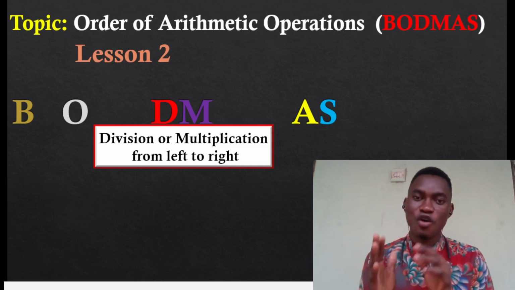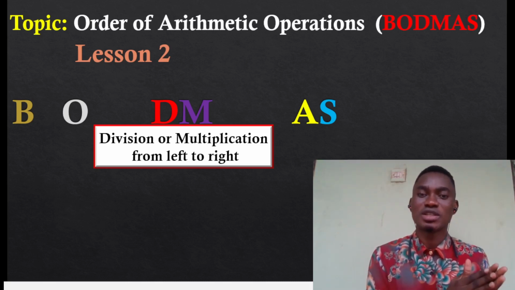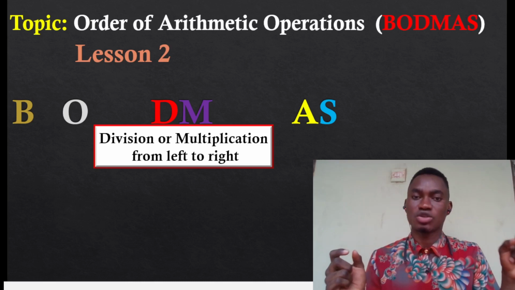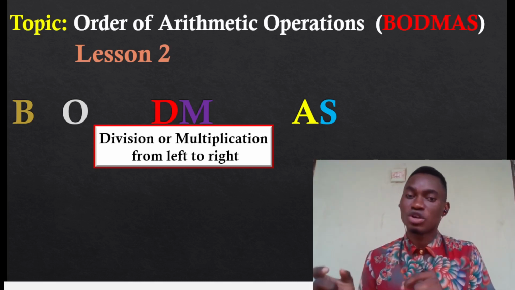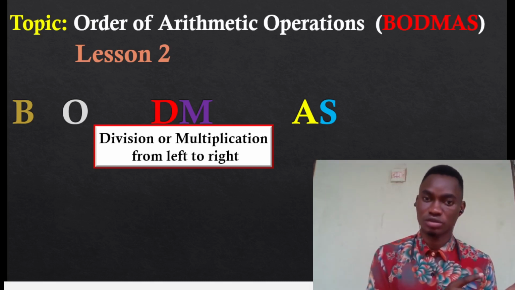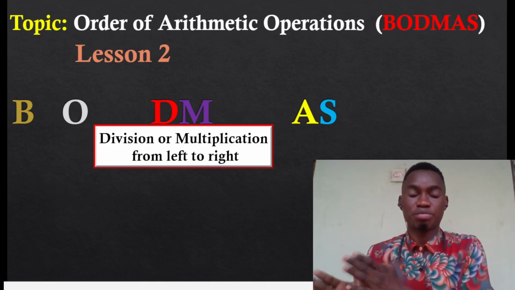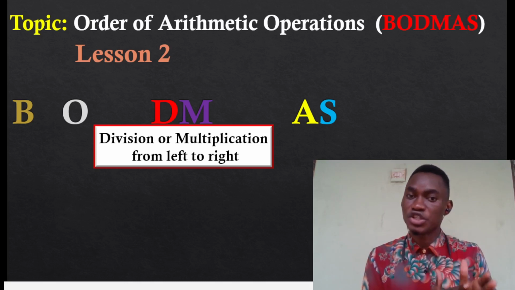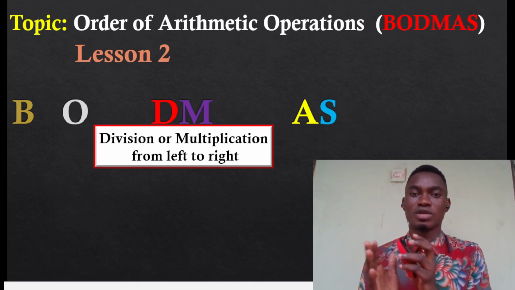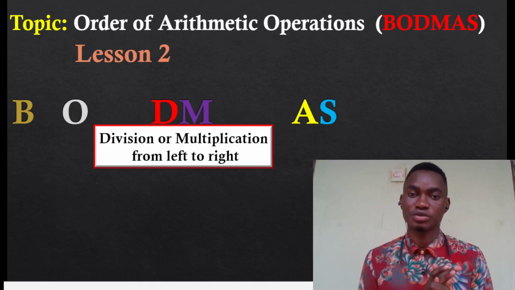What that means is this: if you have a division operator coming before a multiplication operator, we should perform the division operation first, before the multiplication. If it is the other way around, if you have a multiplication operator coming before a division operator, then we should perform the multiplication operation first before the division operation.